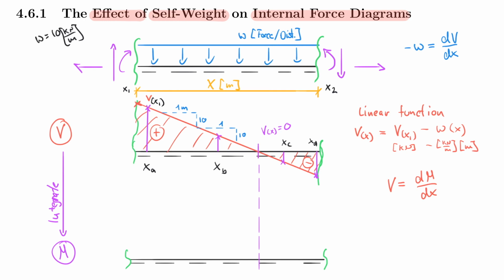So I can actually go ahead and draw the moment function, and I can draw the tangent. So let's pretend here I have a tangent that is 0. But now let's look at xA and xB. At xA, I have a very steep slope, right? It's a larger value. So let's just pretend that's somewhere there, the tangent. And then at xB, I have a smaller slope, and that would look like this.